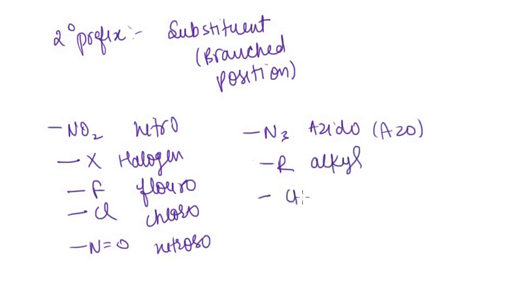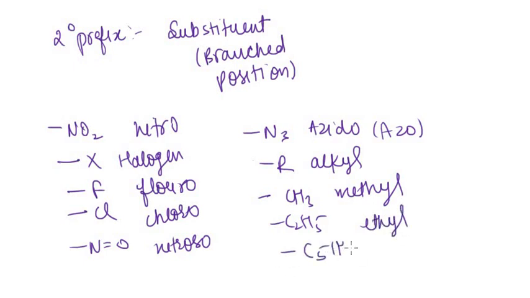If we have CH3, we call it a methyl group. If we have C2H5, we call it an ethyl group. If we have C3H7, we call it propyl. Alkane plus YL gives alkyl, which we are going to use.